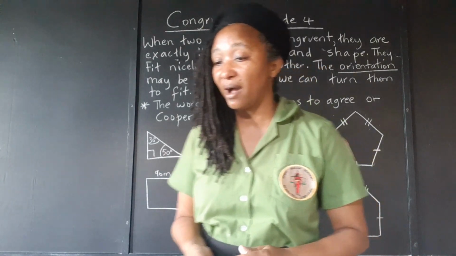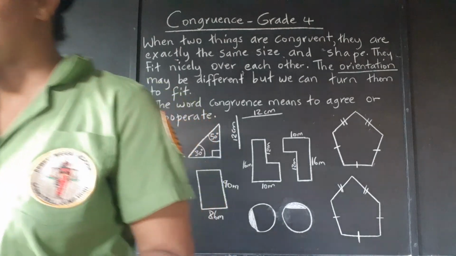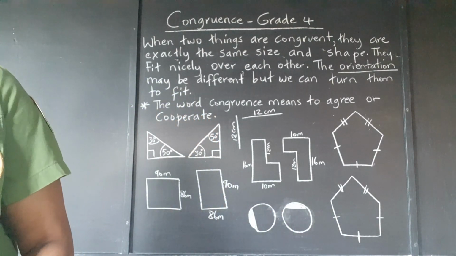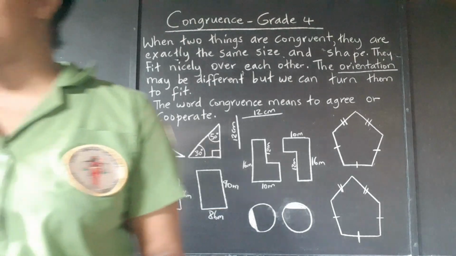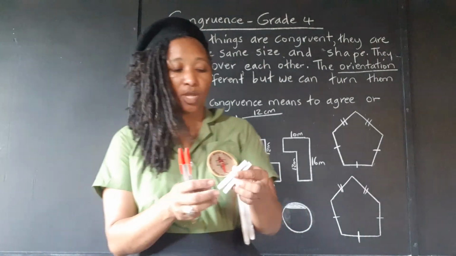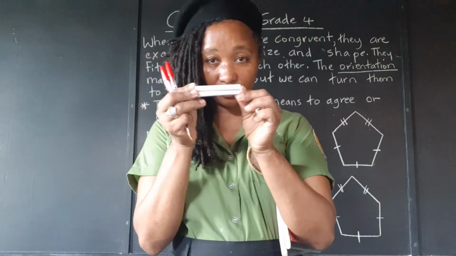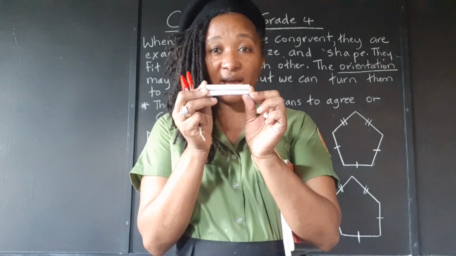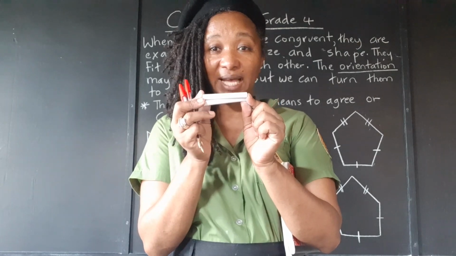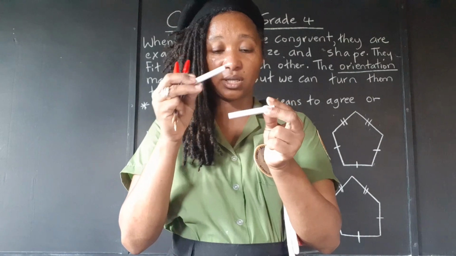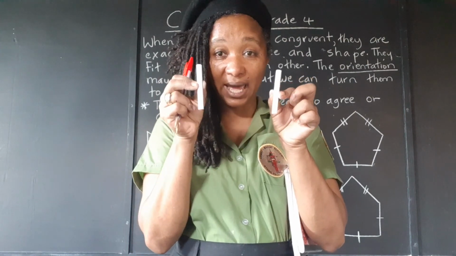So I have some objects, and we're going to see. Alright, so let's start with these sets. So I have 2 sticks of chalk, right? I put them together, and if you don't look carefully, you don't even realize that there are 2 different sticks of chalk, because they are so alike.